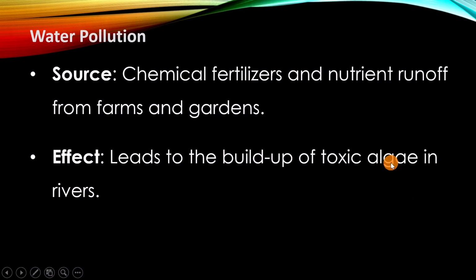So this algae is not good when it grows in the river because, one, it traps light from reaching the inside of the river, so that some organisms cannot receive that light. Secondly, this algae also uses some of the oxygen which living things in the water are supposed to use.